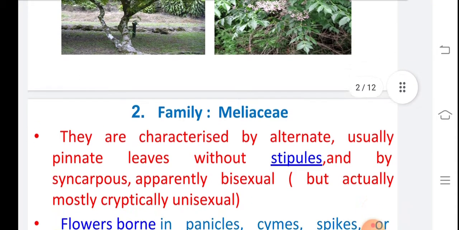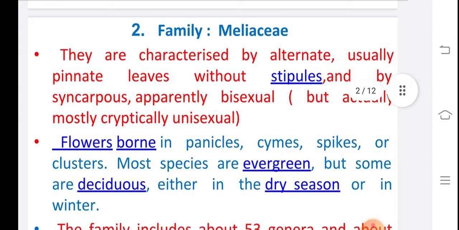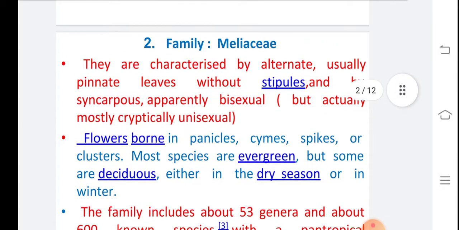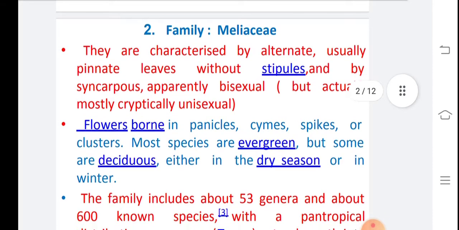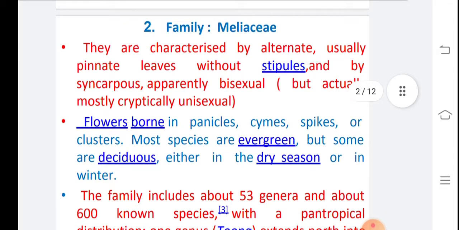So this family, as we know, the plants are characterized by alternate, usually pinnate leaves without stipules, and secondly a syncarpous condition.